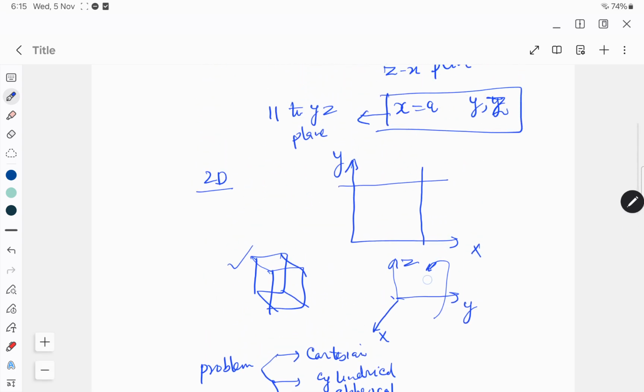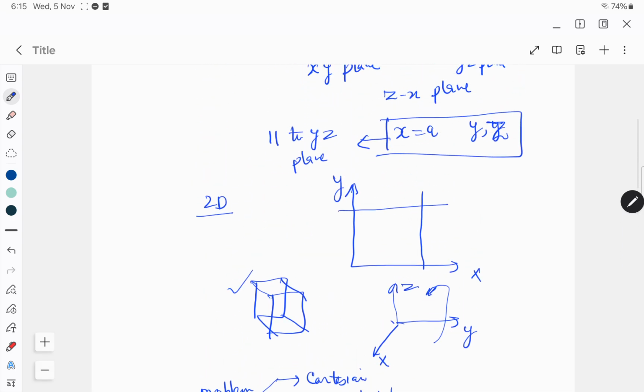Suppose we are taking a heat transfer problem with a volumetric heat source with a dimensionless value of h. Your equation would be del square theta plus h equals 0.